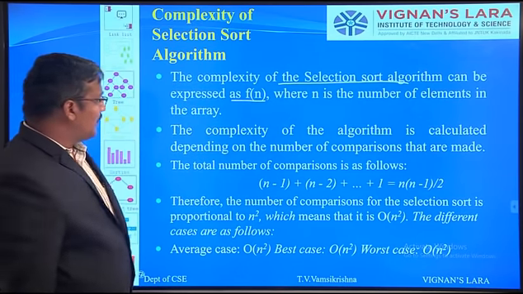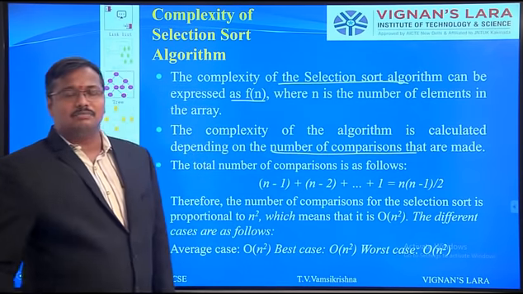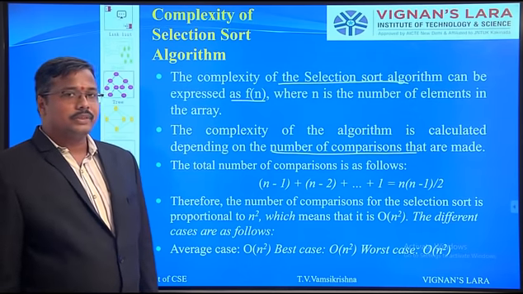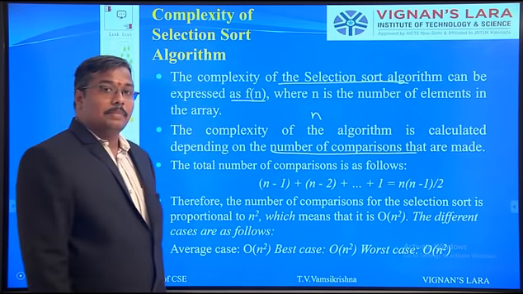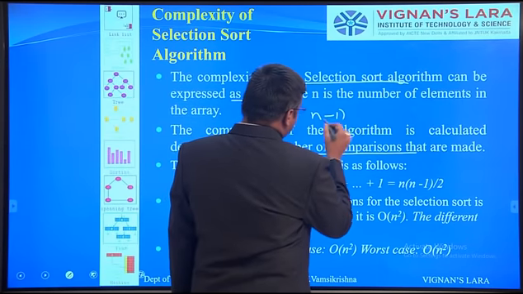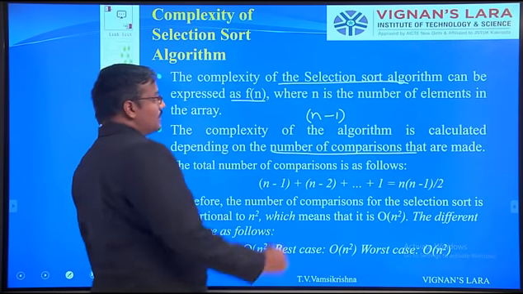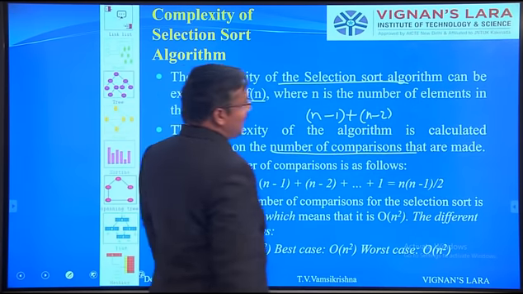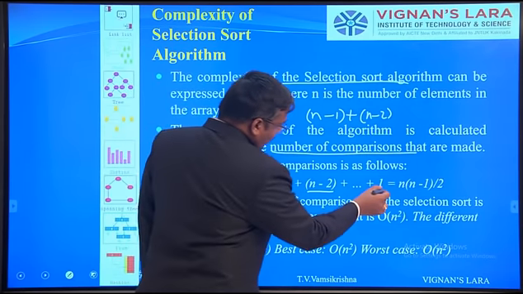The f of n is based on the number of comparisons only, similar to insertion sort and bubble sort. In pass one it made n minus 1 comparisons. In pass two it made n minus 2 comparisons, and so on.